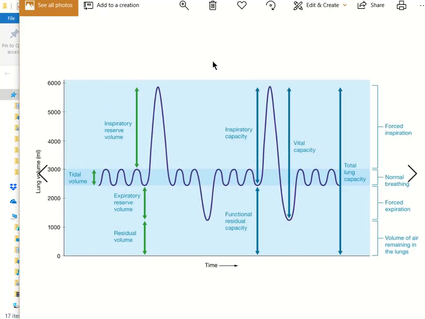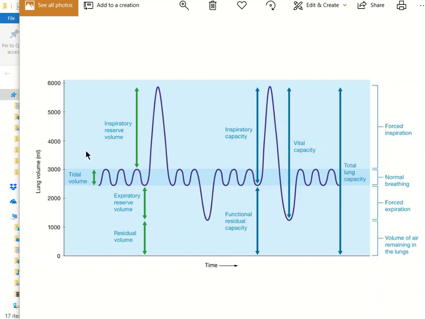Also wanted to make sure that we quickly go over our spirometry graph. So we can measure our respiratory health by an instrument called a spirometer that will measure changes in our lung volume across time. And this is called a spirometry graph.